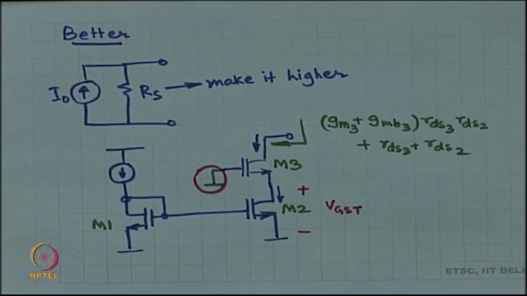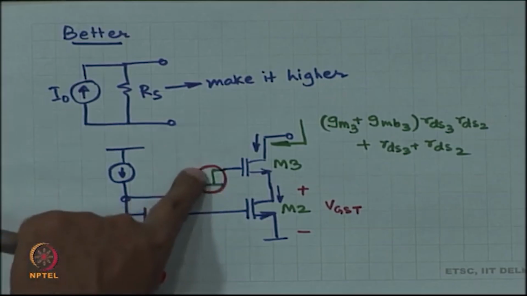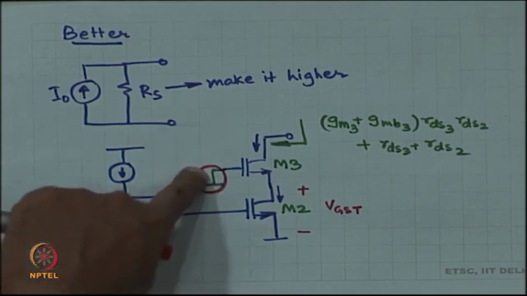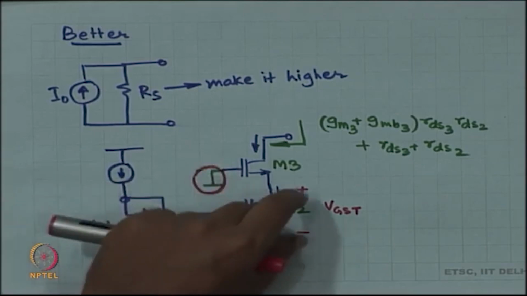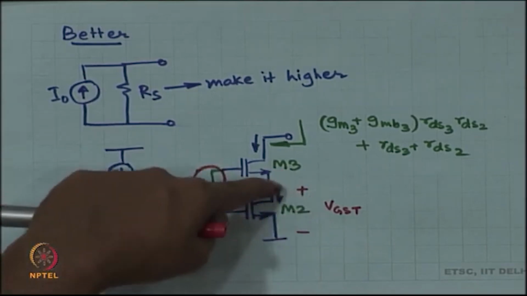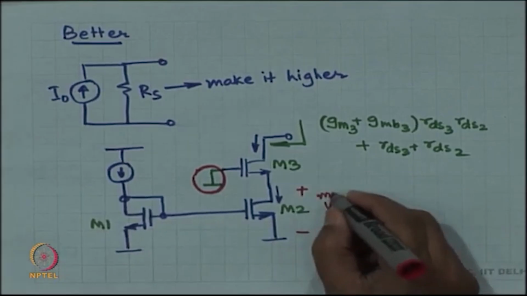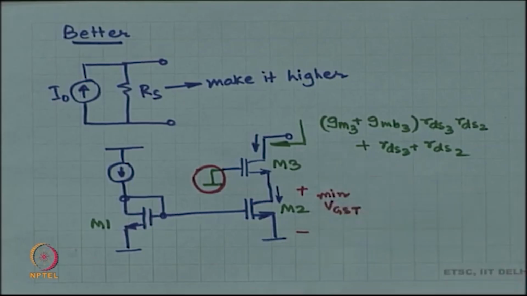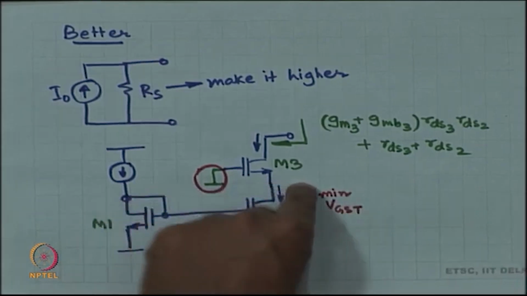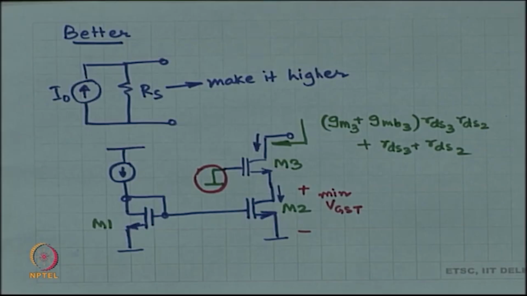So, M2 requires VGST of voltage across drain to source. This node should be a voltage high enough that the voltage at the source is more than VGST. This is the minimum. The minimum voltage across the drain and source of M2 is VGST. Okay. It can be anything higher than that.